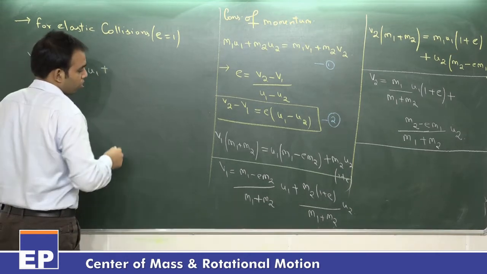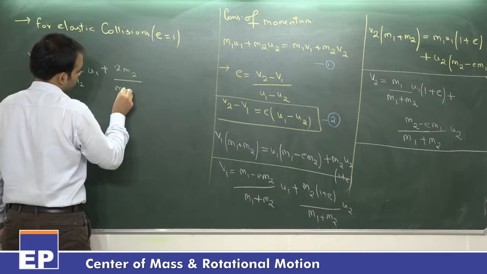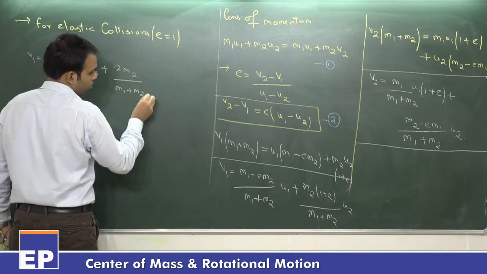E की वैल्यू 1 डालेंगे तो it will become 2m2 by m1 plus m2 into u2.